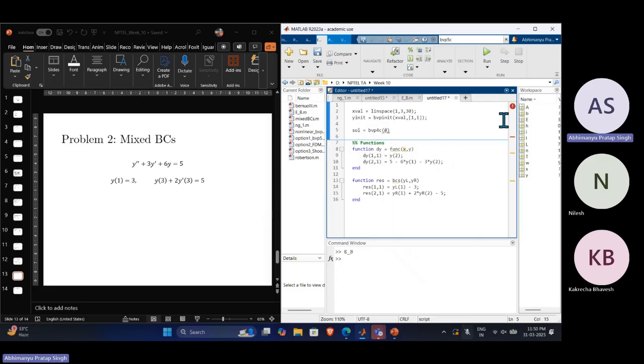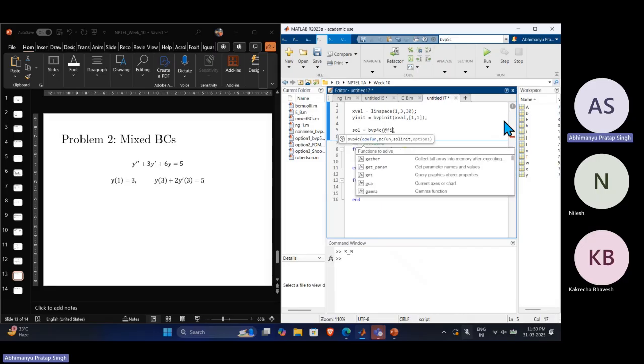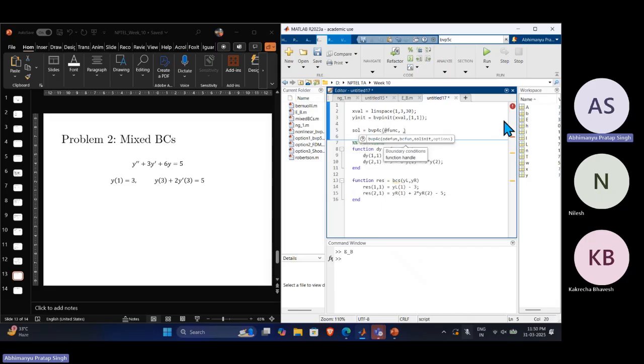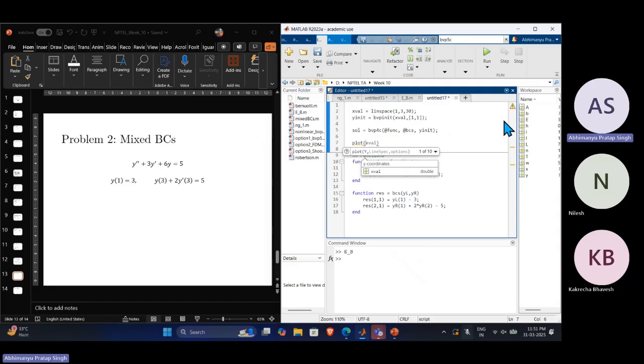The first input is the function, second is the boundary function, and the third one is the initial conditions. Right? So let us plot it. What are we getting?